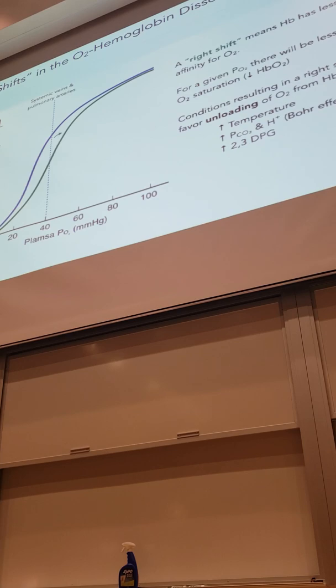Right? So if we've got hemoglobin traveling through an area where there's lots of metabolically active cells, it'll be warmer and it'll be higher in CO2 and H+. And all those things are going to favor this rightward shift that helps to drop oxygen from hemoglobin.